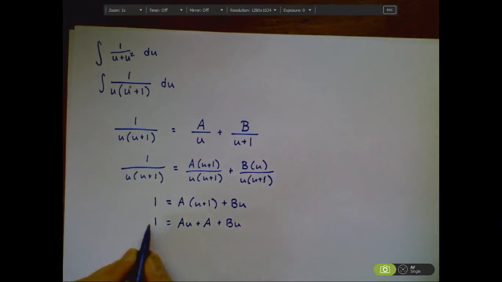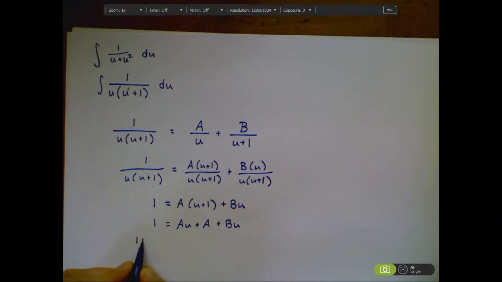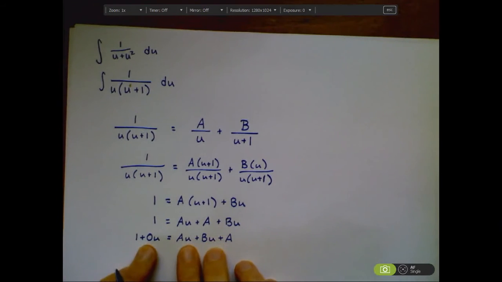Something that's not immediately obvious maybe is that this is the same thing as 1 plus 0u. There are no u's on this left-hand side. So au plus bu plus a is equal to this. The u terms all have to be equal, and the non-u terms have to be equal. So that's saying that 1 is equal to a.